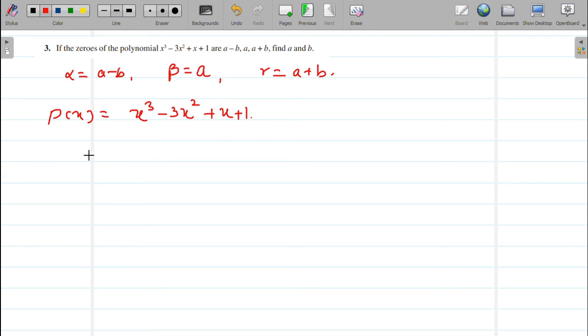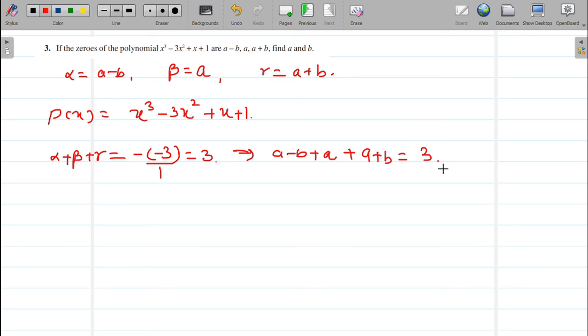For my first relationship, alpha plus beta plus gamma, according to the polynomial, should give me minus of minus 3 upon 1, that is 3. And if I add these zeros, a minus b plus a plus b should be equal to 3. We can see b cancelled here, and straight away we get the value of a. 3a is equal to 3. This implies a is equal to 1.